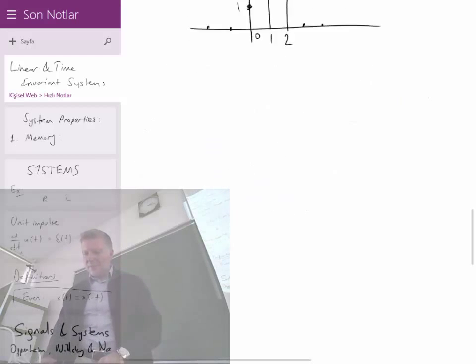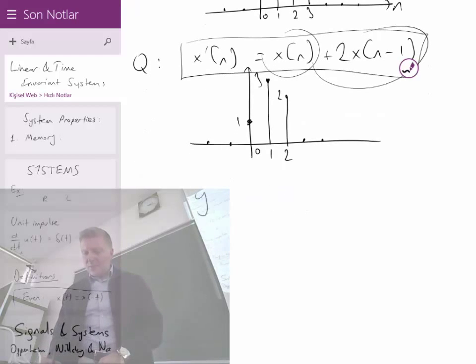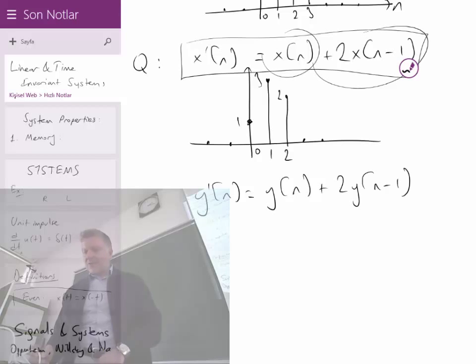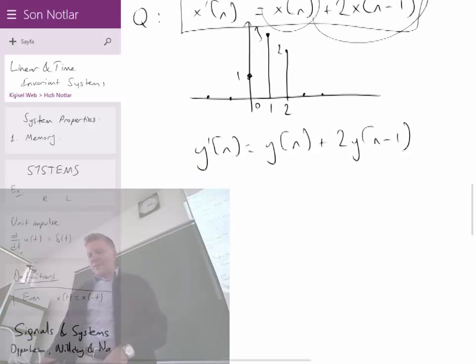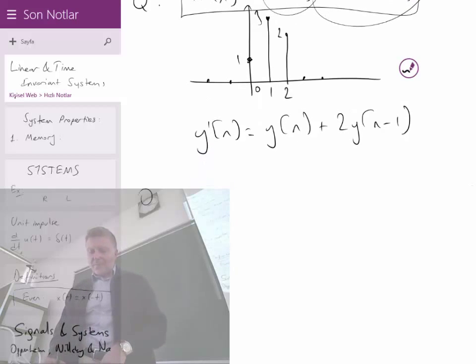So the answer is this: y prime of n is equal to y of n plus 2y of n minus 1. So this scale by 2 here also automatically scales the output. The shifts are automatically shifted. The combinations are automatically combined at the output. That's what it is.